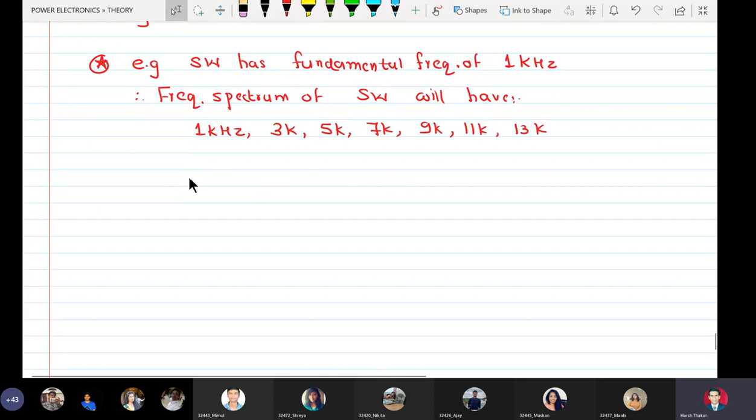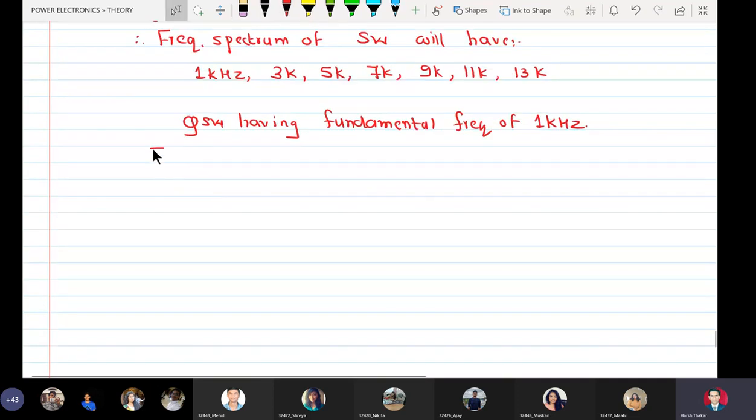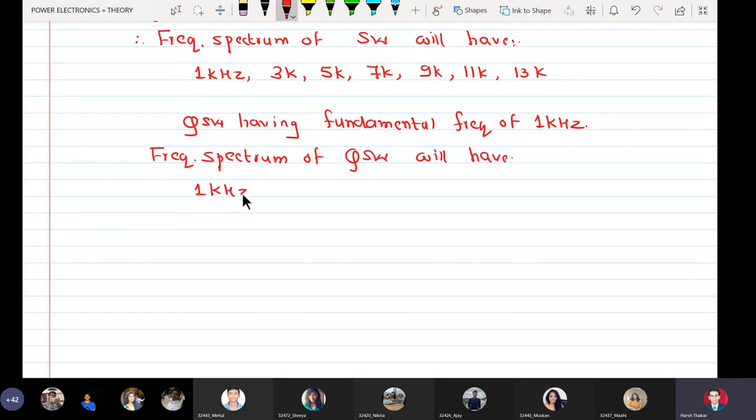But if I have a Cauchy square wave having the same fundamental frequency, the frequency spectrum of Cauchy square wave will have the fundamental frequency 1 kilohertz.